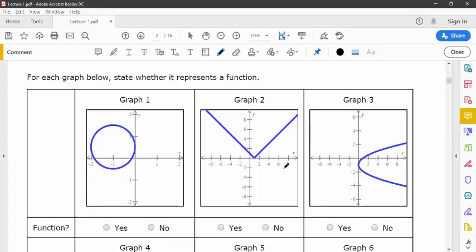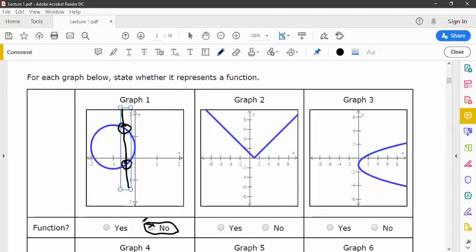So in the vertical line test, if we draw a vertical line and it intersects the graph in more than one place, then it is not a function. So when we look at this first example, when I draw a vertical line, notice that it intersects this graph in two different places. Therefore, it's not a function.